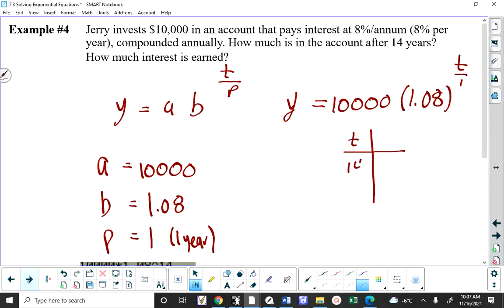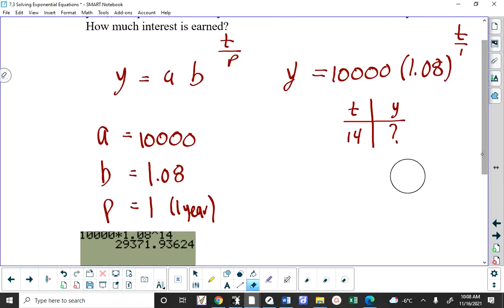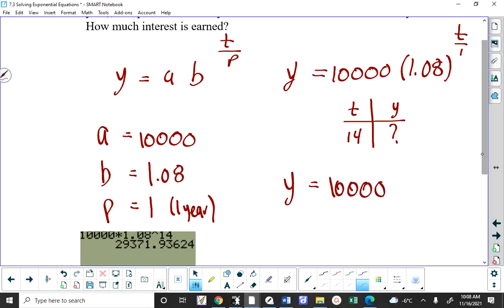When t is 14, what is y? So it's just a matter of you putting 14 in for t and solving for y. Y equals 10,000 times 1.08 raised to the 14.